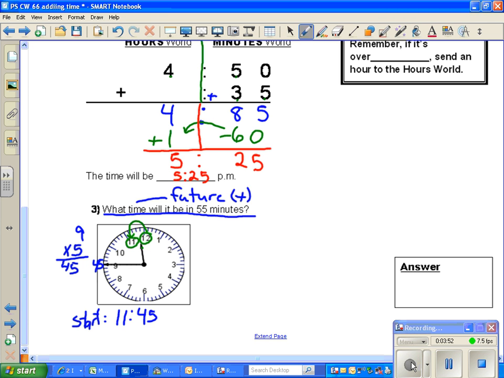It is 11:45. And I'm going to find out what time it will be in 55 minutes, so I have to add because it's going to come in the future. And now I'm going to separate my two worlds like rule 1 told me. Here's my minutes world and my hours world.